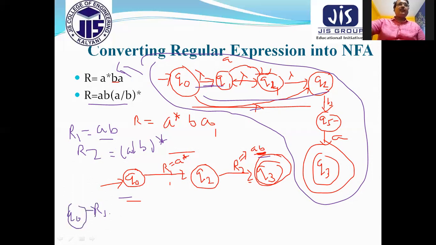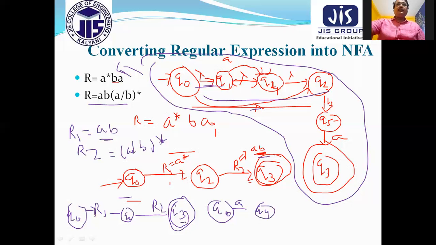Q0 starting with R1, reaching Q2, R2 again reaching Q3, and Q3 will be the final. After that, try to solve this one because here one intermediate state will be introduced. So you can write that Q0 and write the intermediate state. Suppose I have written Q4 because Q3 is already taken here.